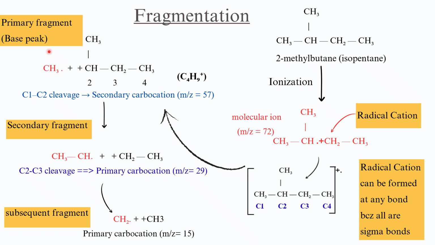Then after you have got your primary fragment, you fragment it further into a secondary fragment, and then if you want, you can stop there, or you can further divide your secondary fragment into subsequent fragments. You carry out this fragmentation process until the molecule cannot be further divided, or the energy of that molecule is exhausted completely.